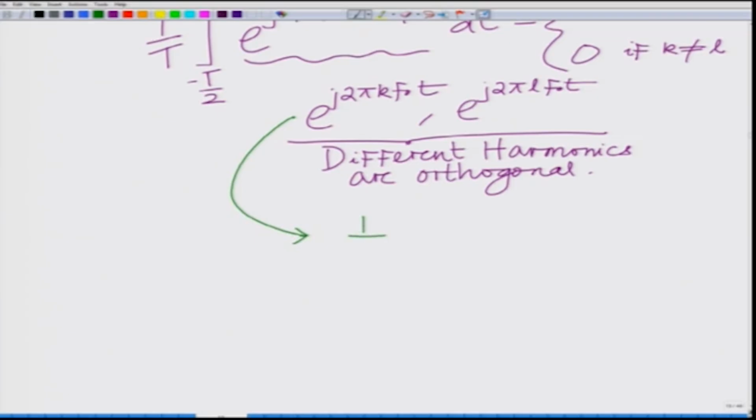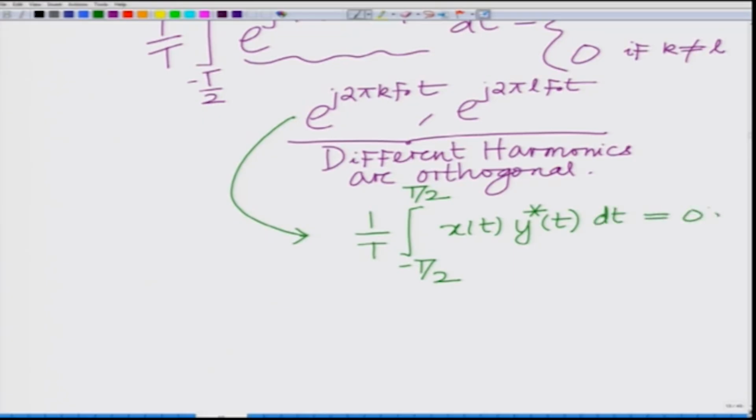We say x(t) and y(t) are orthogonal if this dot product, or the inner product, (1/T) ∫ from −T/2 to T/2 of x(t) y conjugate(t) dt, is equal to 0.